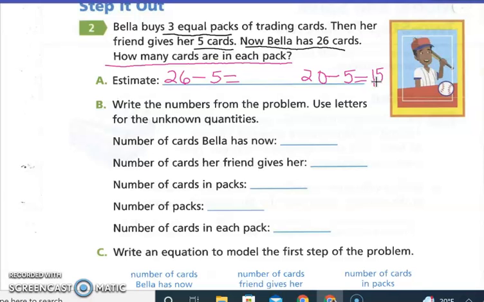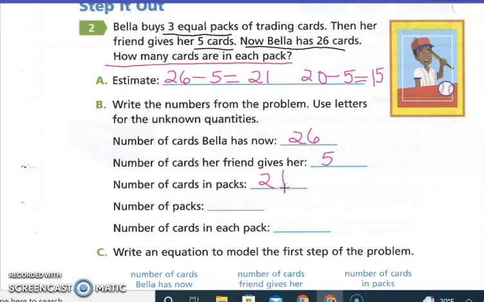The number of cards Bella has now, we already know that. That's 26, right? The number of cards her friend gives her, 5. The number of cards in the pack. Well, what is 26 minus 5? 21. So there were 21 cards in 3 packages.